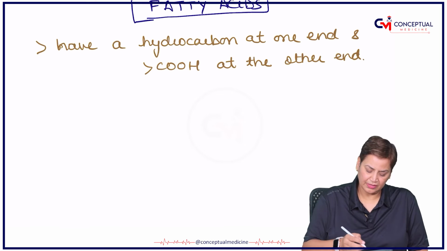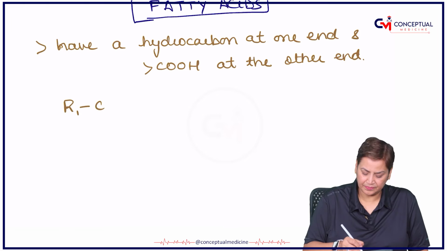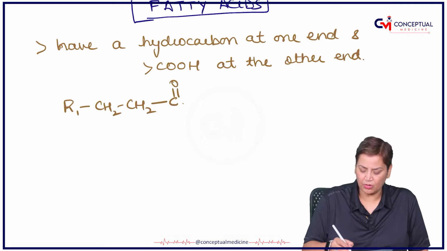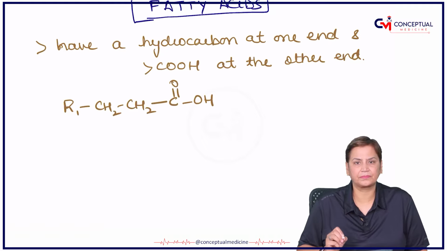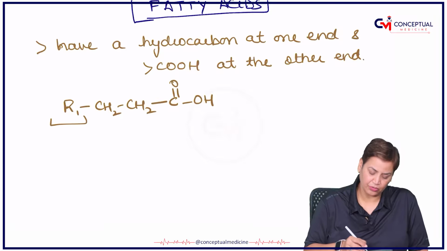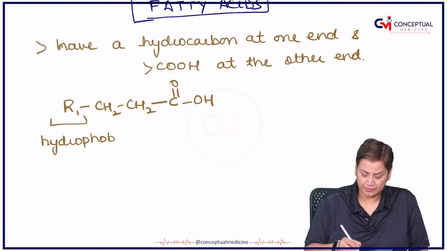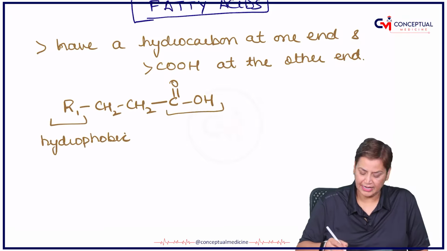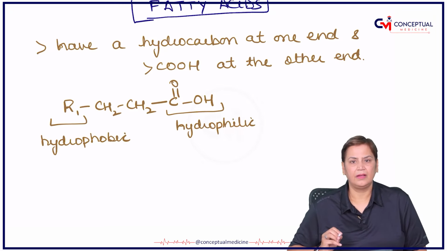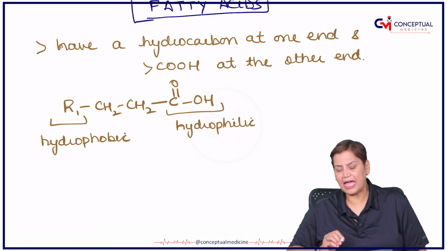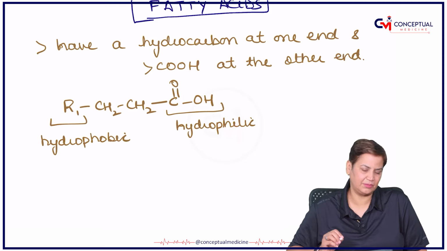Right. So this is the general structure of a fatty acid. This is hydrophobic, and this is hydrophilic. Right, and on the basis of this particular thing, the entire classification of fatty acids is based.